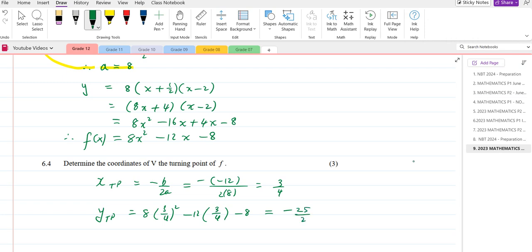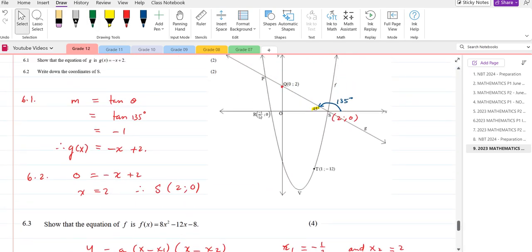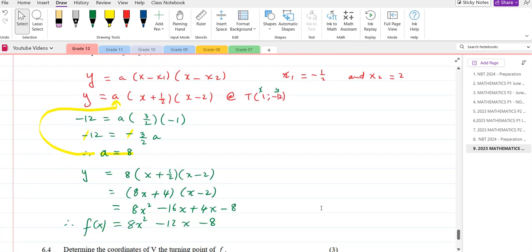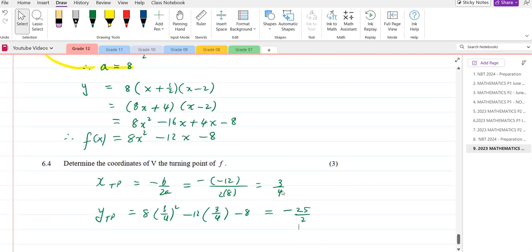Now remember, to find the x value of the turning point, you can also add up the x-intercepts and divide it by 2. So if you take minus half plus 2, which is 1.5, and if you divide 1.5 by 2, you're going to get 0.75, which is basically 3/4. But remember, to find the y value of the turning point, you have to substitute the 3/4 into the original f of x equation.